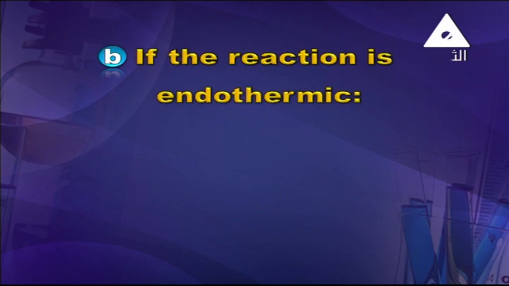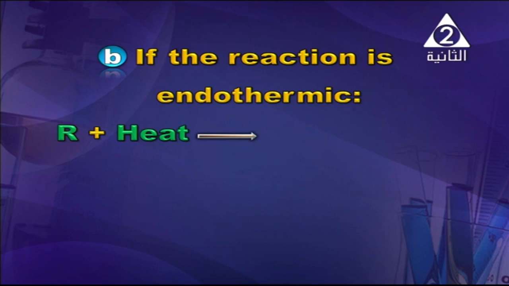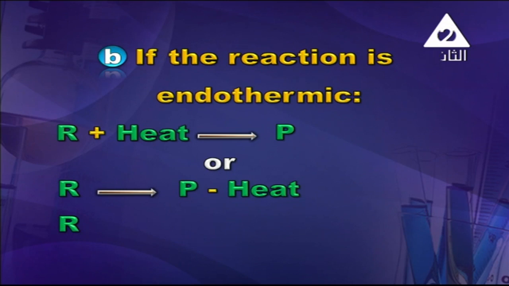Here, if the reaction is endothermic, as shown on the screen, reactants gain heat by heating and give a product, or we can say reactant gives a product minus heat, or written as following: reactant gives a product and delta H is positive.